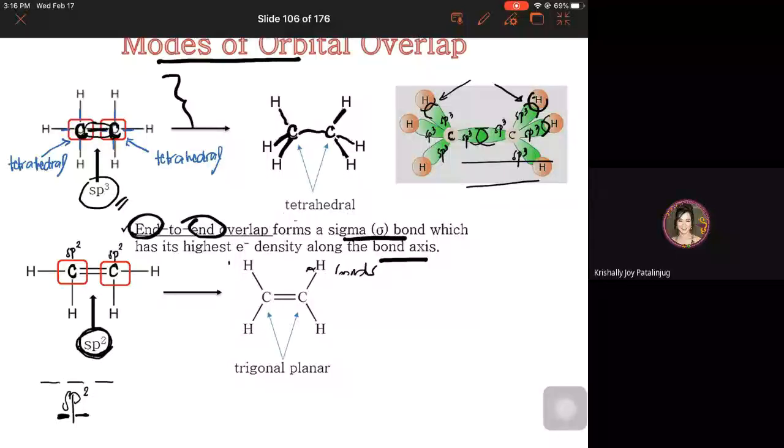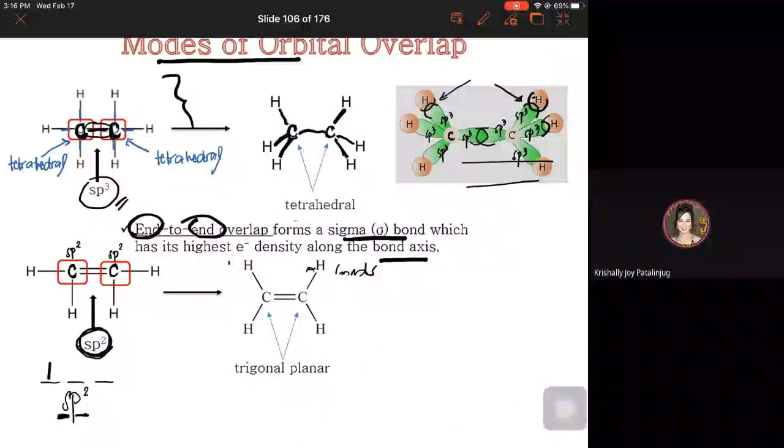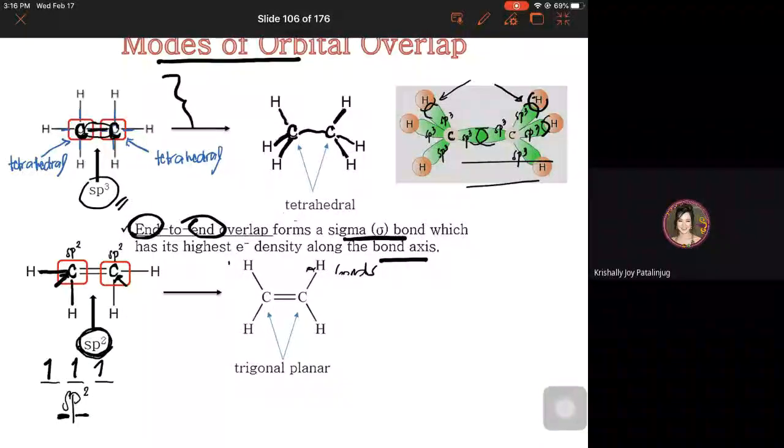Now, dalawa sa sp2 orbitals of each of these carbon forms carbon to hydrogen sigma bonds. Again, dalawa sa sp2 orbitals of each carbon forms carbon to hydrogen bonds.